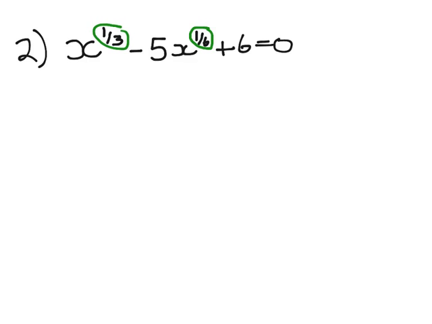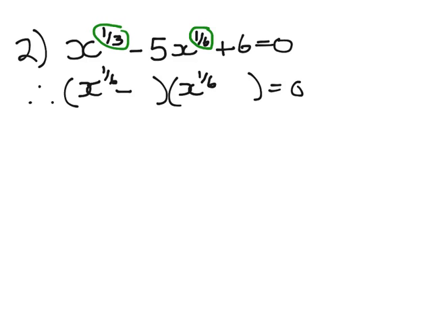So in this case again, it's a disguised trinomial. So we factorize and we have two brackets, x to the 1 over 6 minus 2 and x to the 1 over 6 minus 3, because minus 2 multiplied by minus 3 is plus 6.